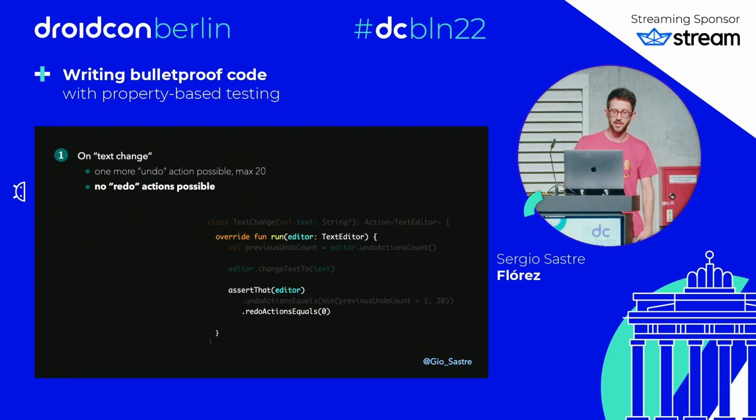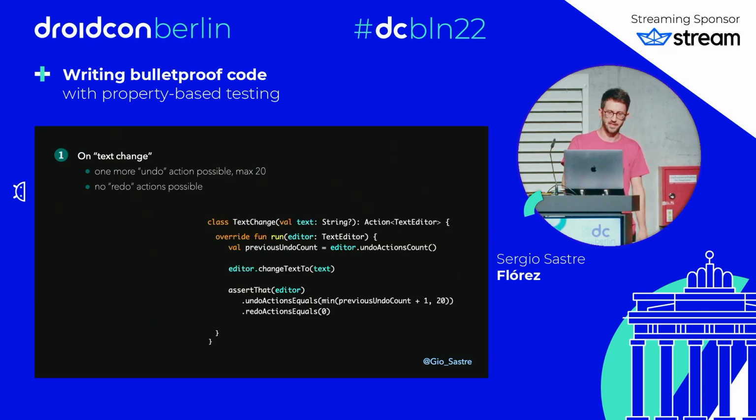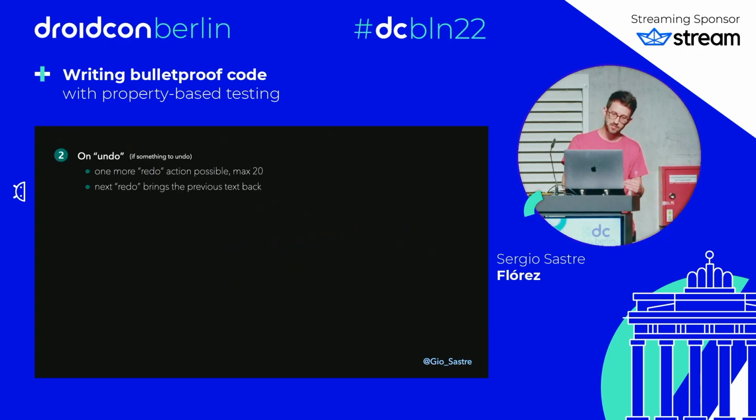And the second requirement, that no redo actions are possible. That's how most text editors work. Whenever we change the text, we cannot redo anymore, so the redo button is supposed to be disabled. And that's how it looks all together. So easy peasy, let's move on.